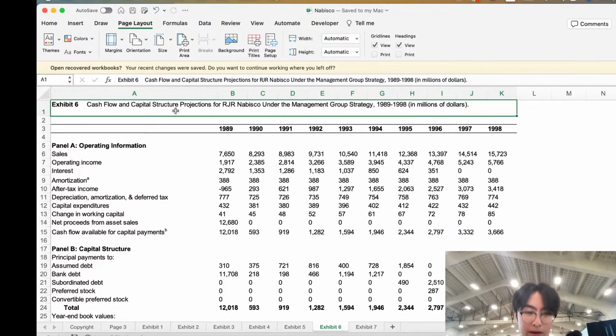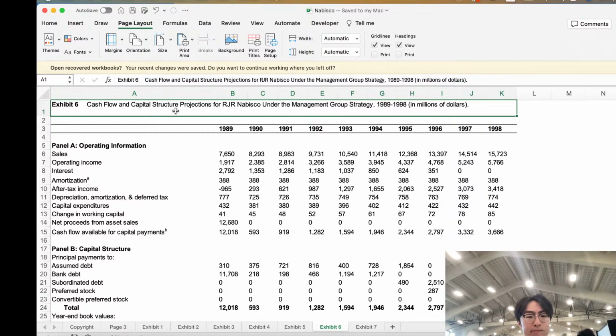Huh. So I'm surprised that the weighted average cost of capital, yeah, the values are higher.